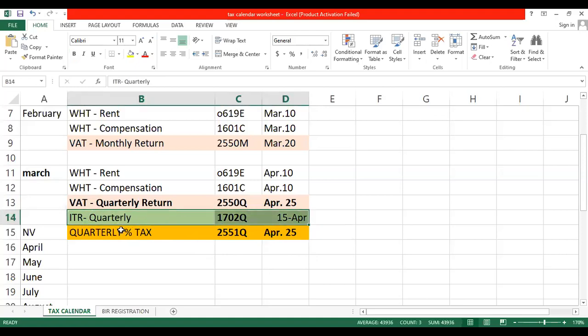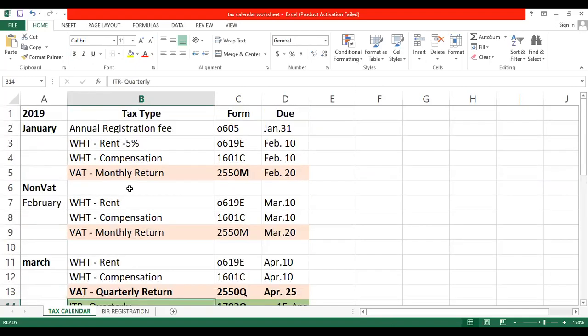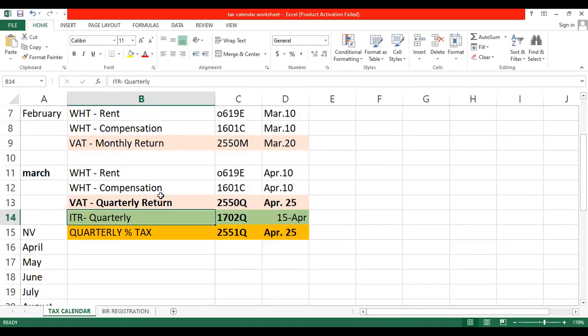Also, the business is required to file its quarterly income tax return. So along with the annual tax return last year, the business would file a quarterly income tax return. Take note that even individuals are required to file quarterly income tax return. Okay?